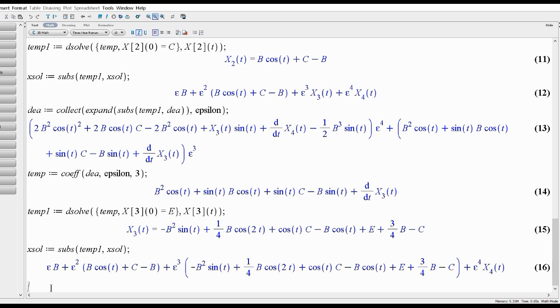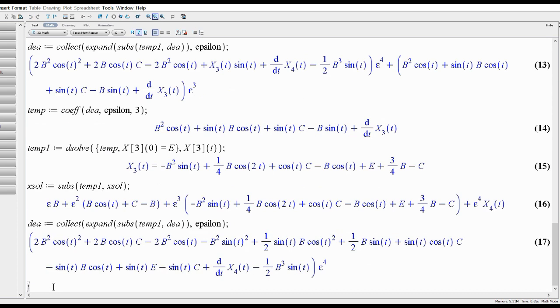And then I will say DEA is equal to collect, expand, substitute temp1 in DEA, and now I have only epsilon to the 4th, so that's all right.